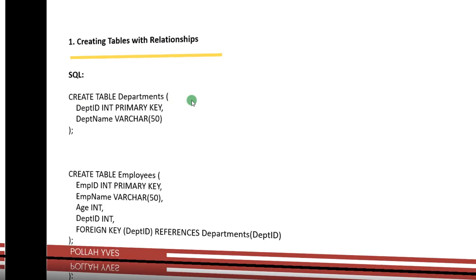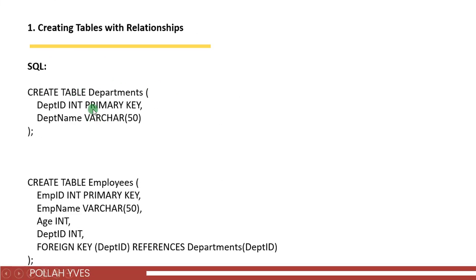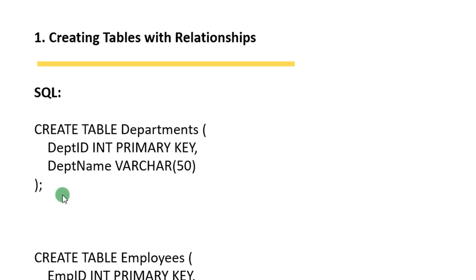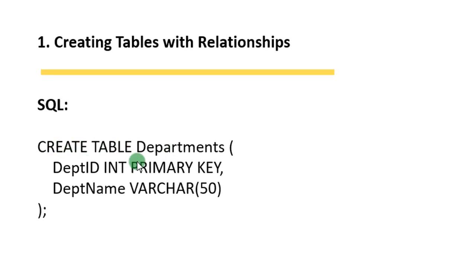So very easy. Now if I move here, look at this code very well. Look at this query very well, because we are calling this an SQL query. Good. Query means that you are making a request, and from the request you are going to have a result. Good. So for this first part, for the first table, there's no problem. Create table, department, you open department ID, you give the data type int.